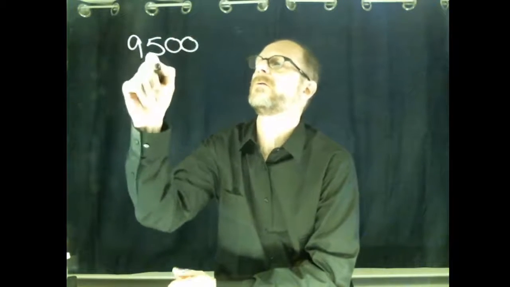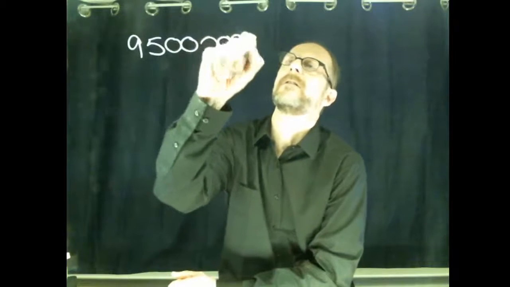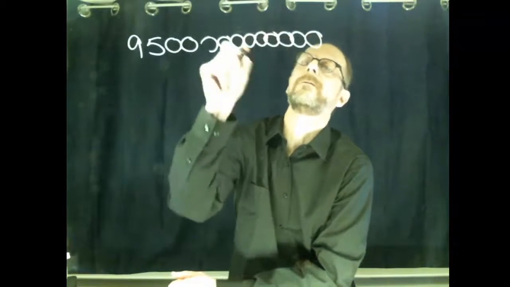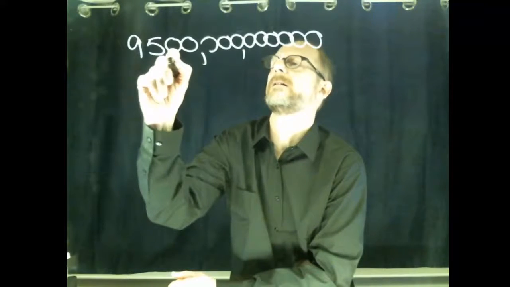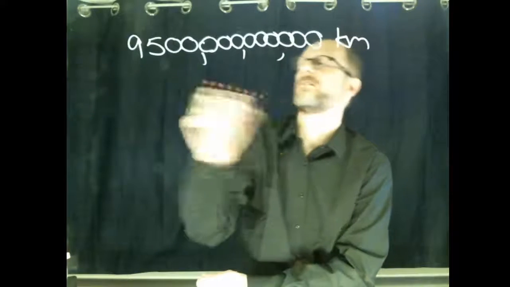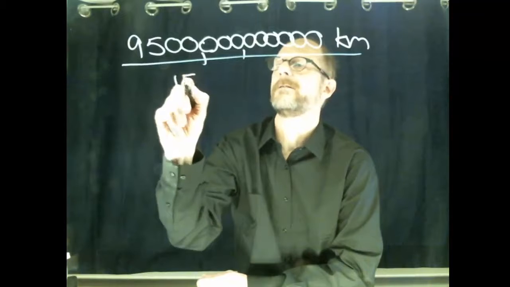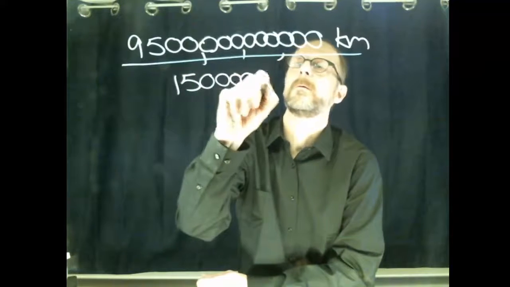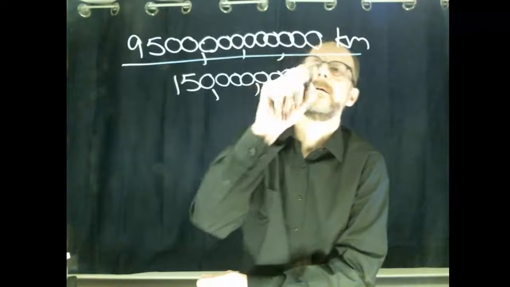One last point, just a point of trivia. How many astronomical units are equal to a light year? We're going to take the distance of a light year, 9,500,000,000,000 kilometers, and divide by 150 million kilometers.